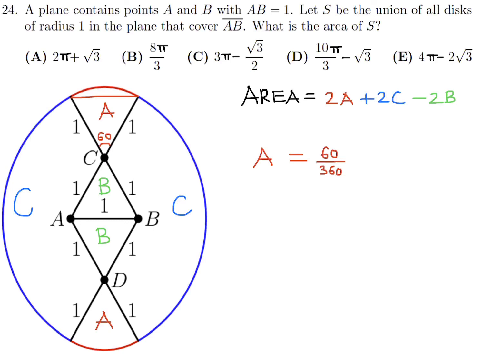It's 60 divided by 360, basically 1/6, right, of pi r squared. And r is the radius of a circle that would basically create a circle about that curve. So that would be pi times 1 squared, and that would be 1/6 of pi, so pi over 6. All right, so that's basically just A for you.